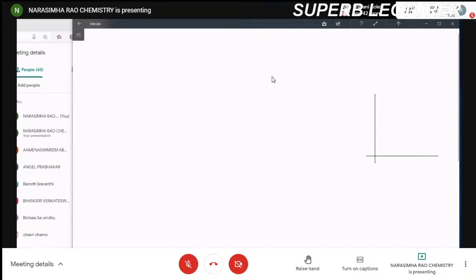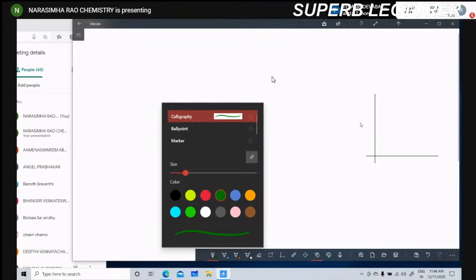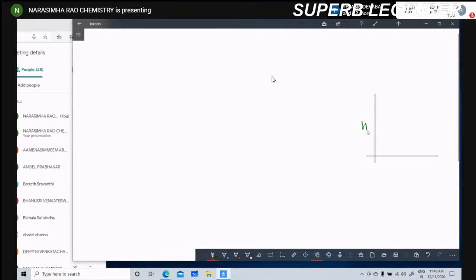Just observe this one. This is the potential energy. Potential energy at constant pressure is called enthalpy. At constant volume it is internal energy. This is the state indicating the ice. This is the state indicating the water. This is the state indicating the water vapor.